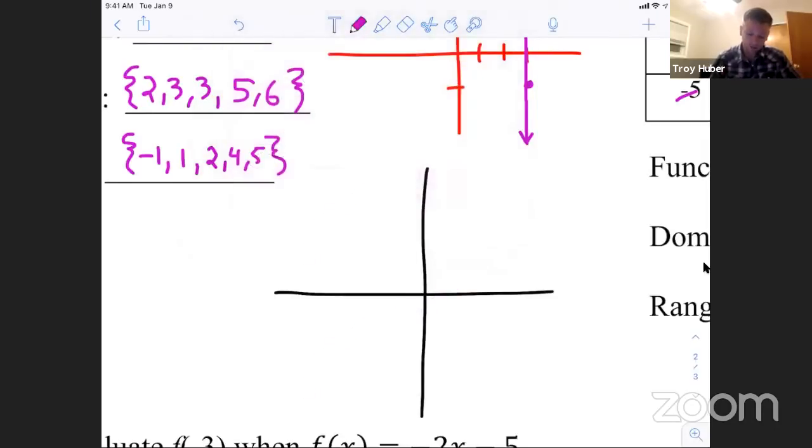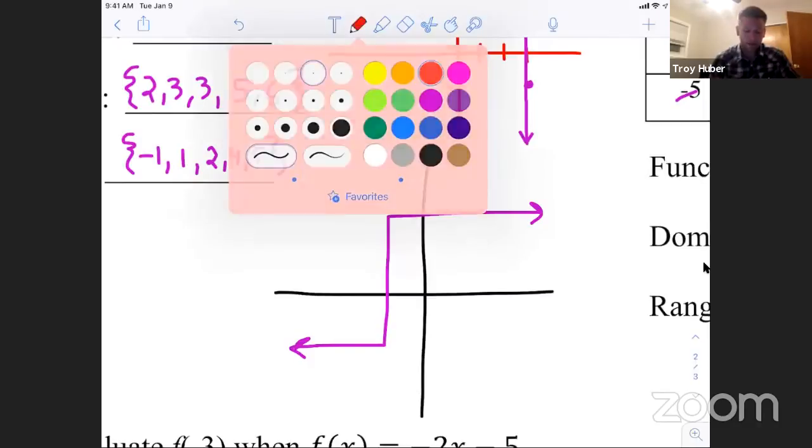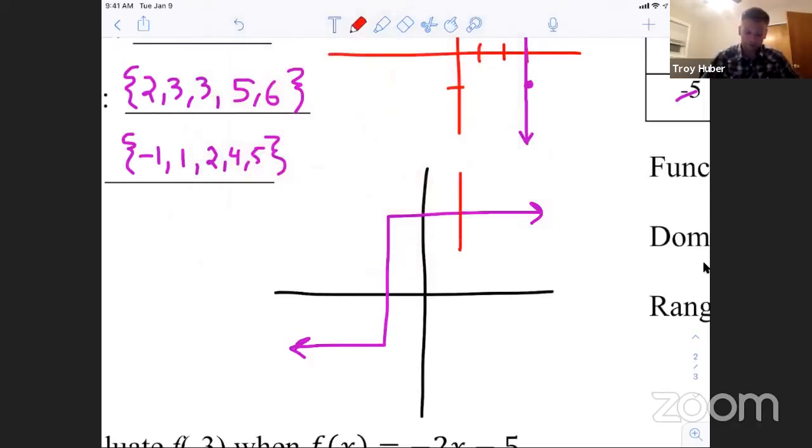Last one. What about this one? A lot of people are saying, I think it is a function because I can draw vertical lines. But what about this vertical line? This hits a whole bunch of points. So this one would also not be a function.